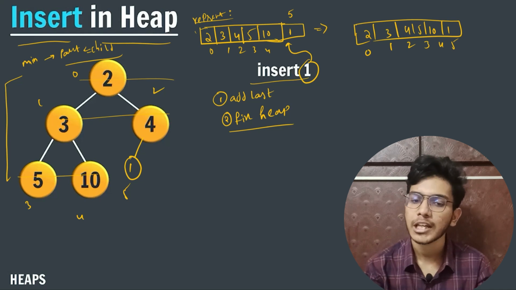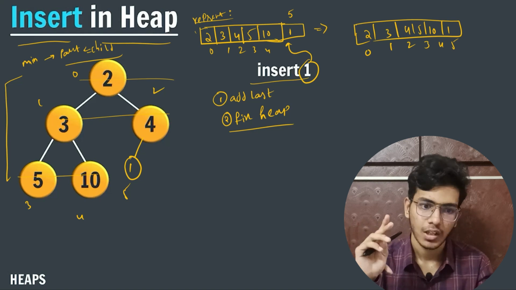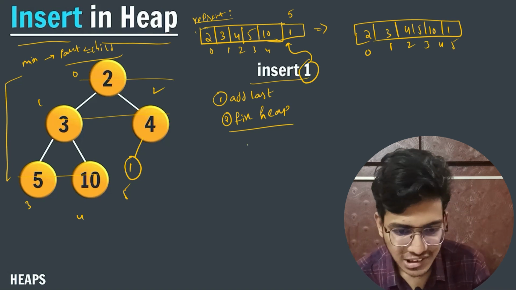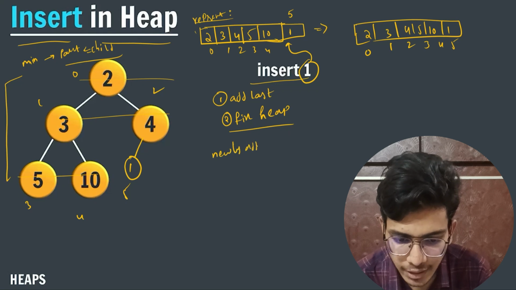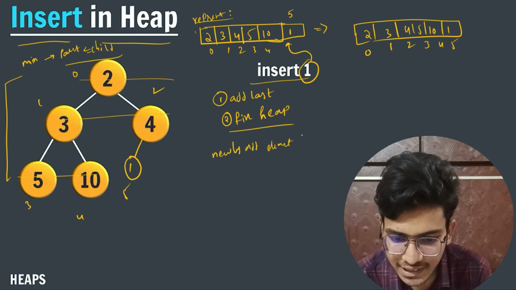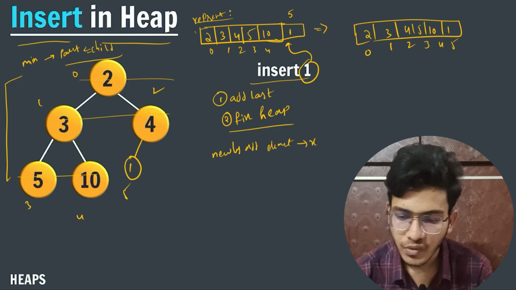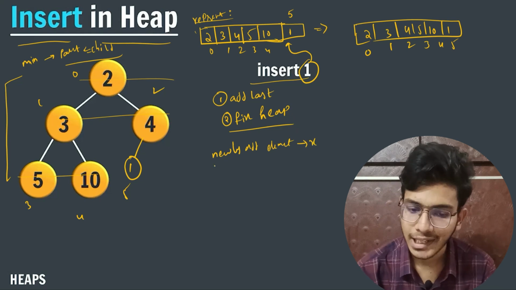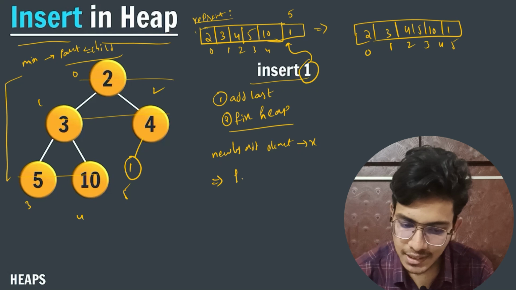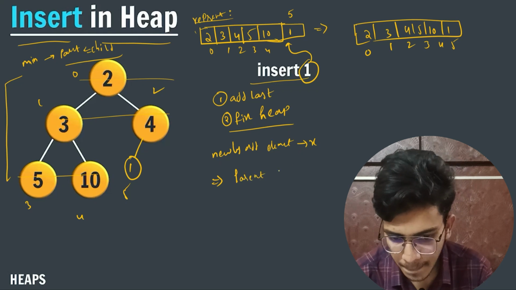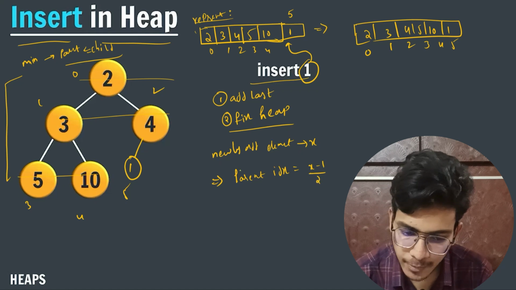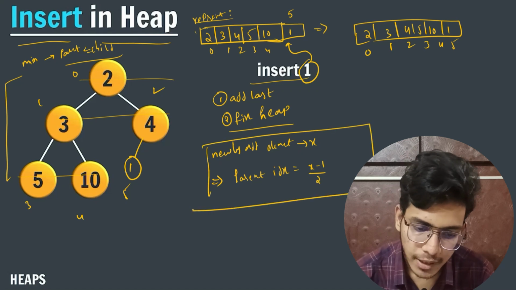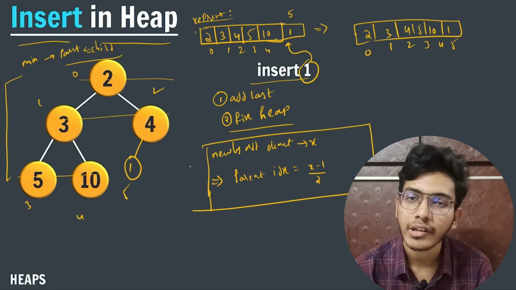To fix my heap, there is a property. The property says that if the newly added element's index is x, then its parent index will be (x minus 1) divided by 2. By using this property we will fix our heap.